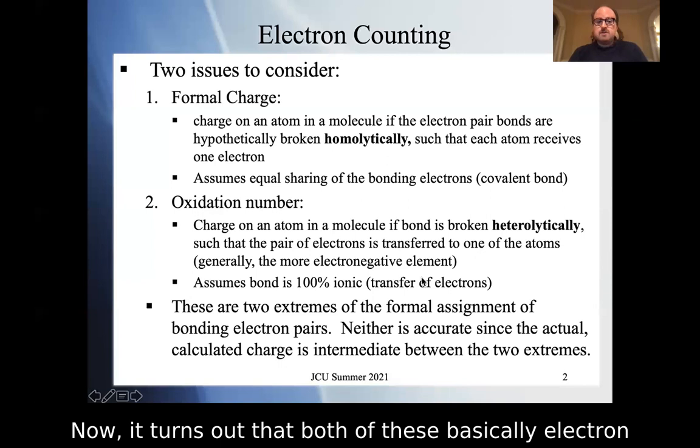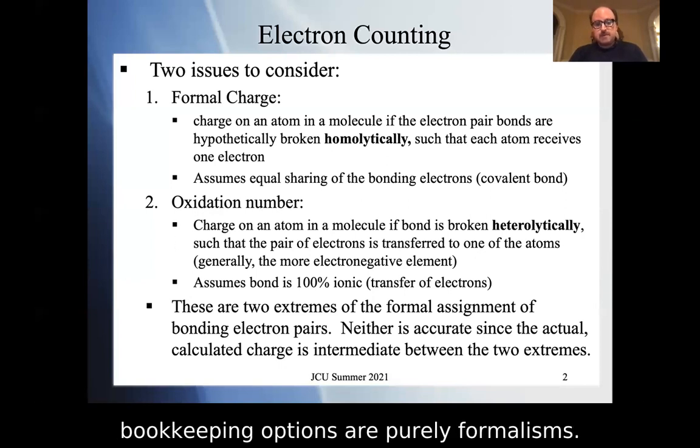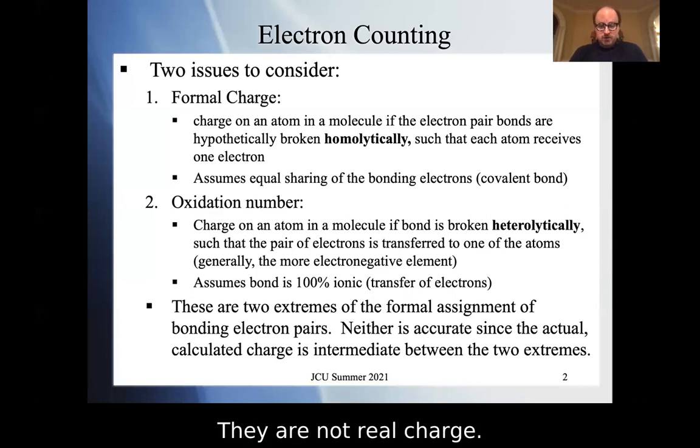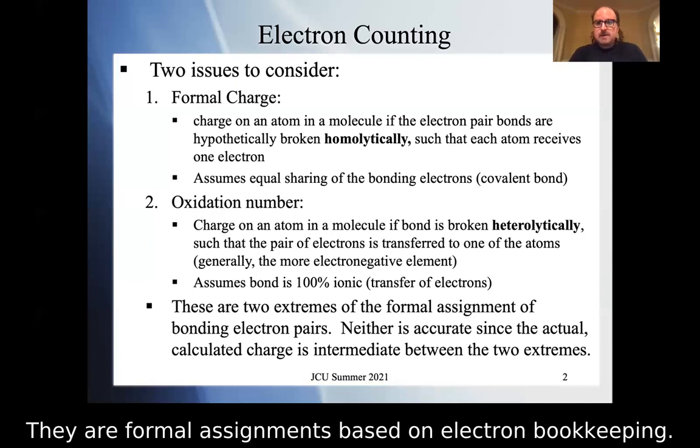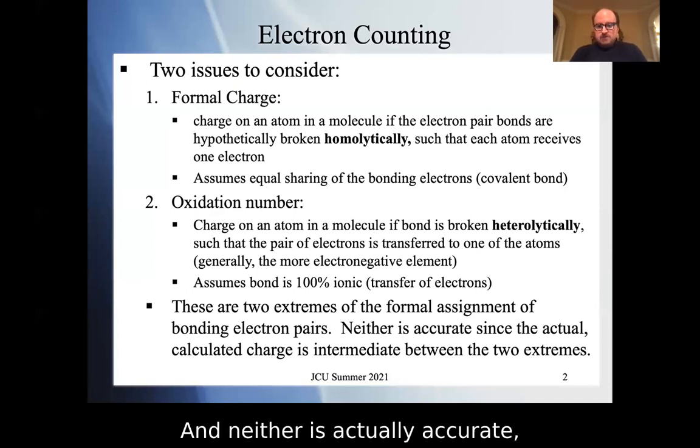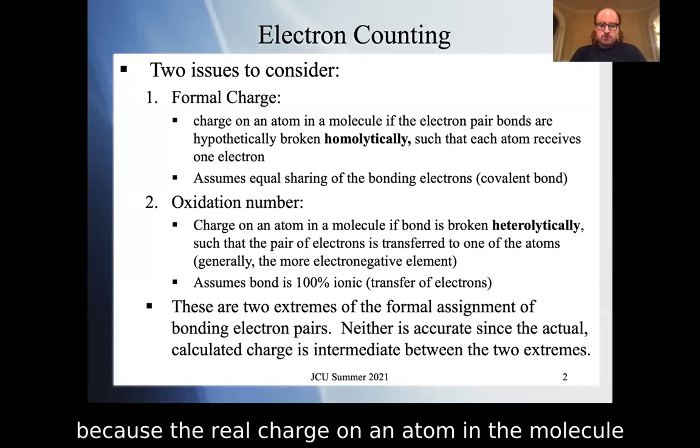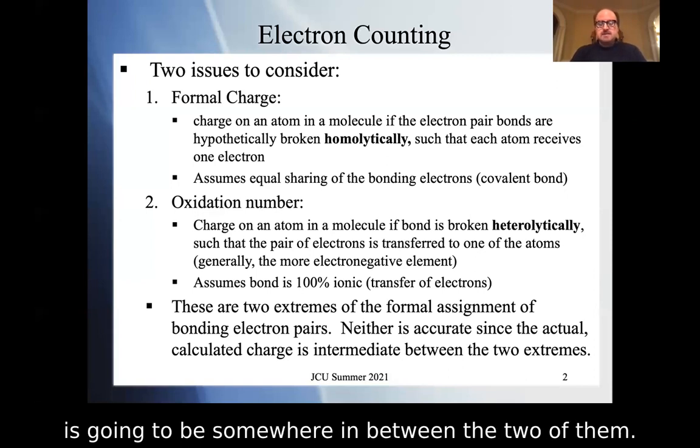Now, it turns out that both of these electron bookkeeping options are purely formalisms. They are not real charge. They are formal assignments based on electron bookkeeping. And neither is actually accurate, because the real charge on an atom in a molecule is going to be somewhere in between the two of them.